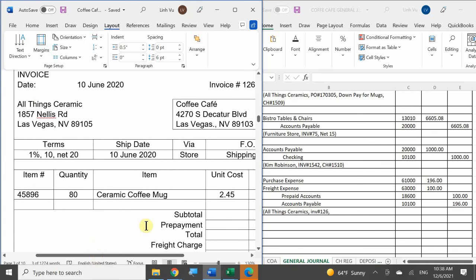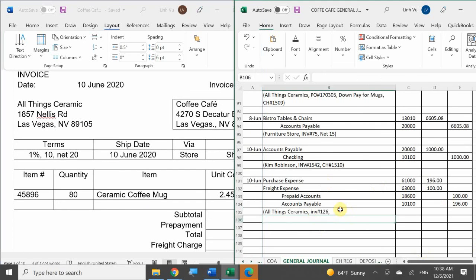Net 20, but I also was given an opportunity for a discount. So if I paid within 10 days, I would get a 1% discount. That should be good enough information, because I can pull up this information and be able to see that, yes, I had a down payment.